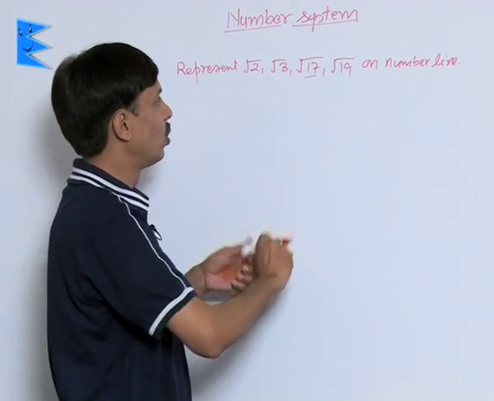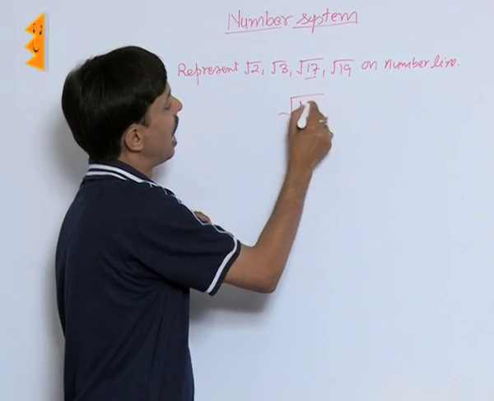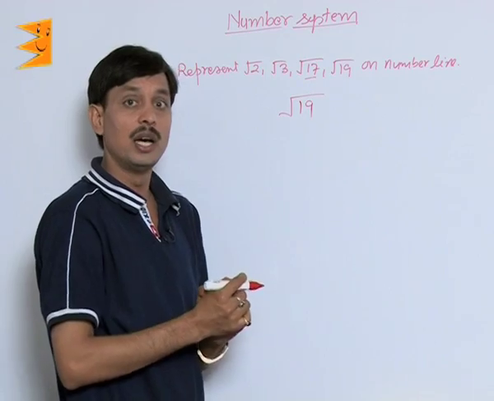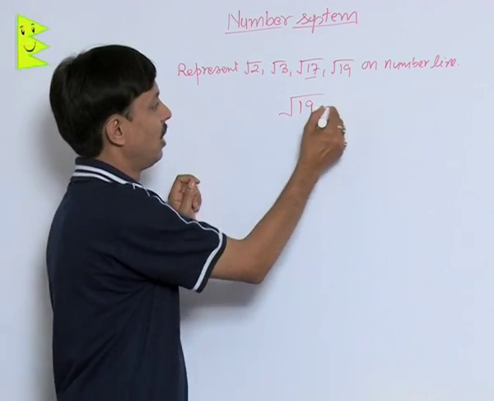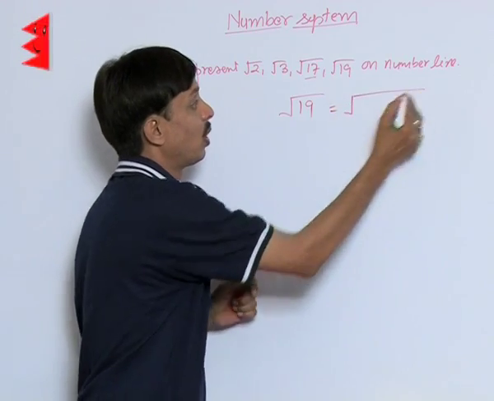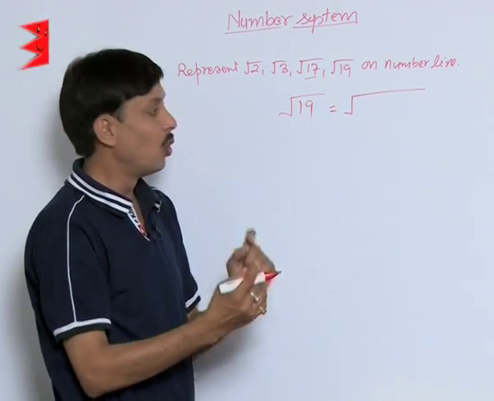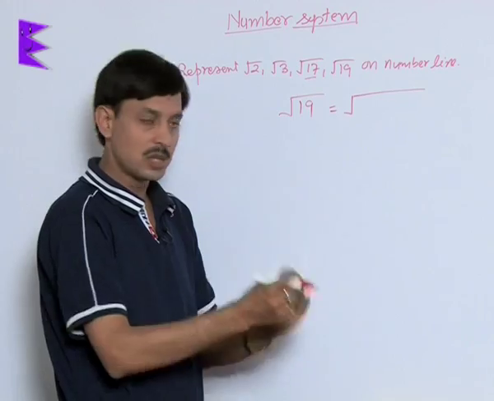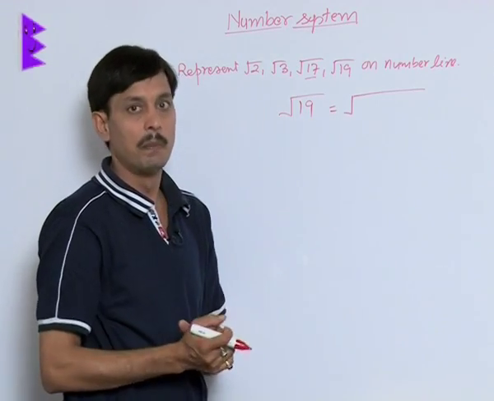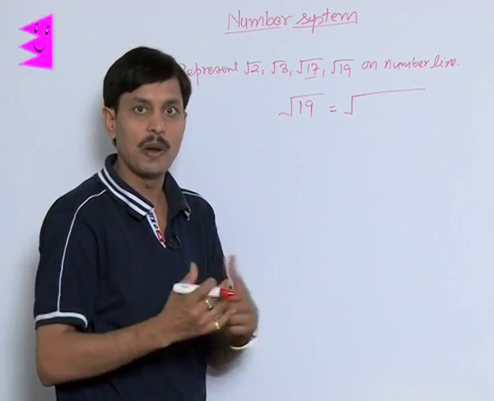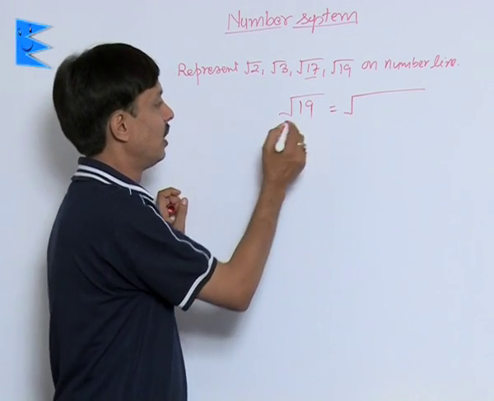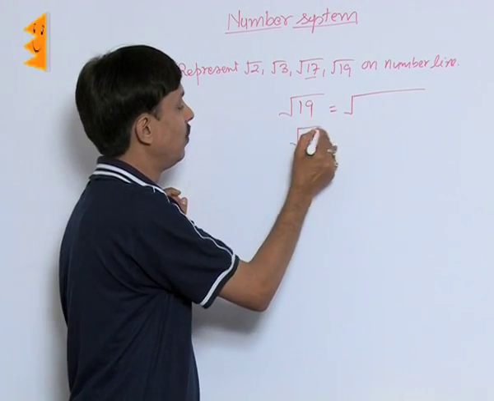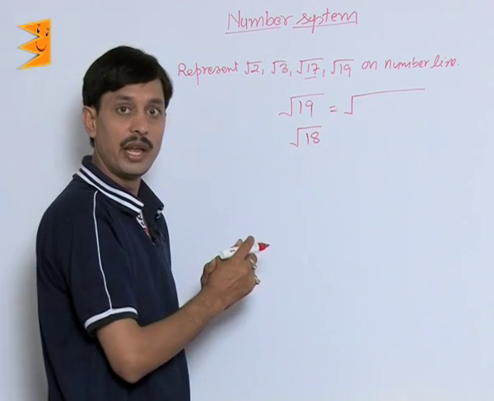Now the last, root 19. How to represent root 19 on the number line? In order to represent root 19, again we have to think of two numbers whose sum of squares is 19, but there are no two such perfect squares. So first of all, before root 19, we need to calculate root 18.